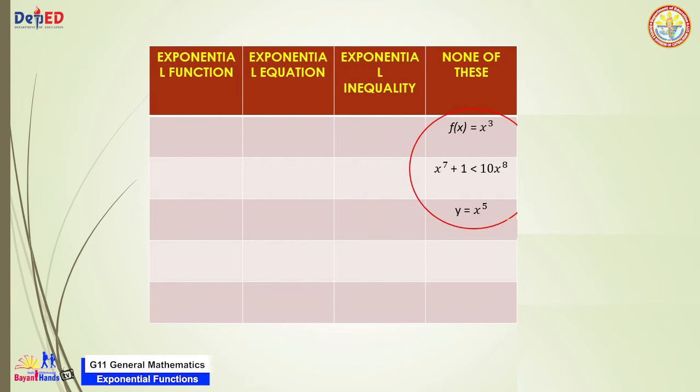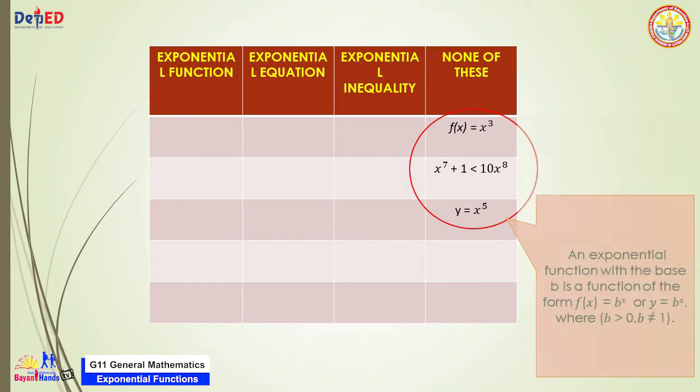Why do you think these three are under the column none of these? Excellent observation. They do not satisfy the definition of exponential function. Always remember, an exponential function with base b is a function of the form f of x equals b raised to x, or y equals b raised to x, where b is greater than 0 but b should not be equal to 1.